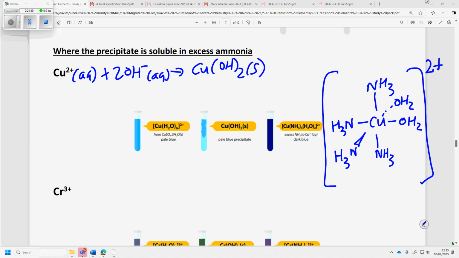You need to know the colour of that solution. You should be able to draw a 3D representation or write out the formula of that complex ion. This is where the, excuse the pun, the complexity of this module increases.